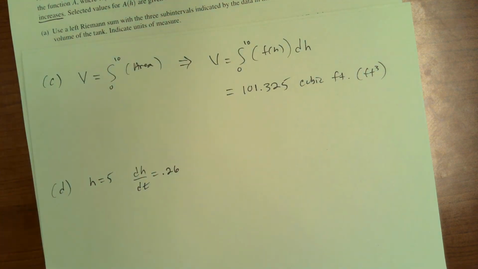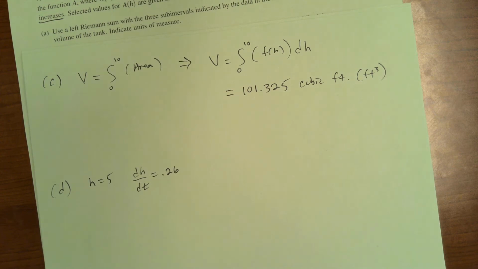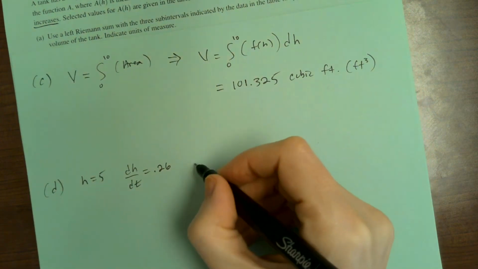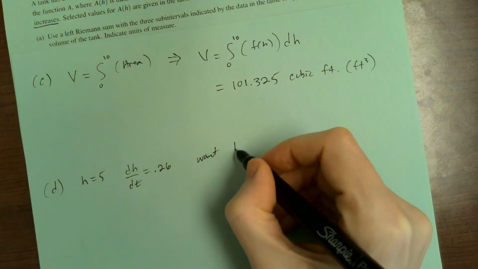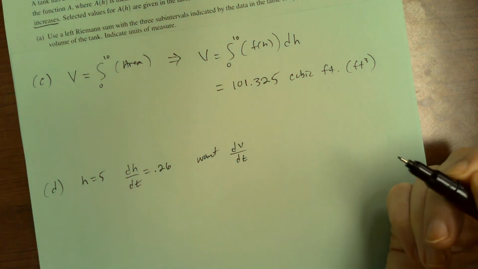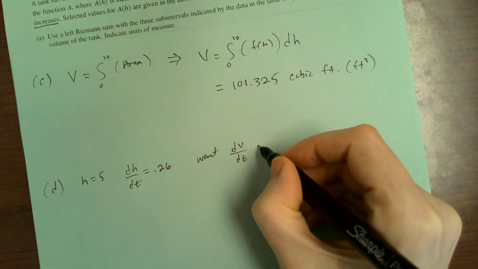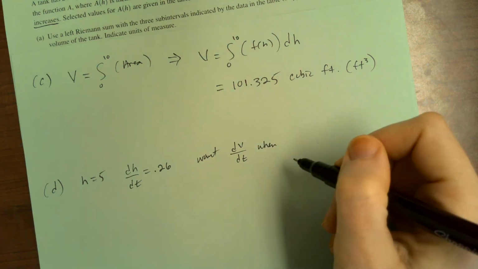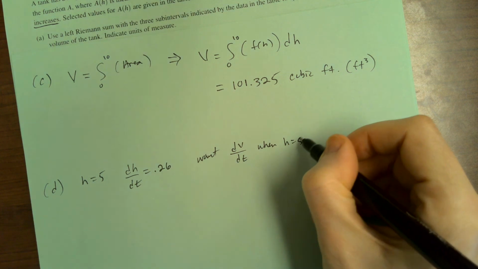If water was flowing out of the tank, it would be negative 0.26. Alrighty, and now we want dV/dt when H is 5.